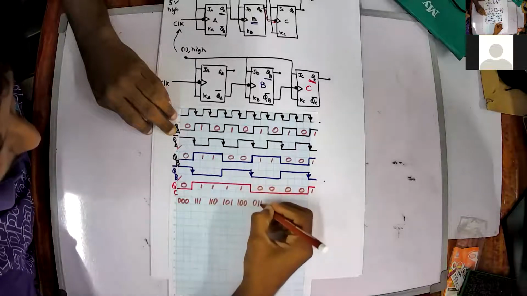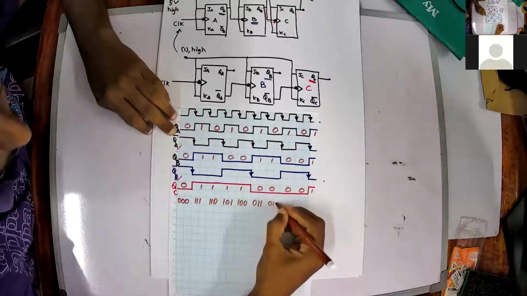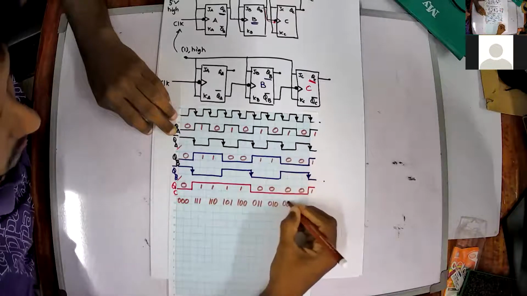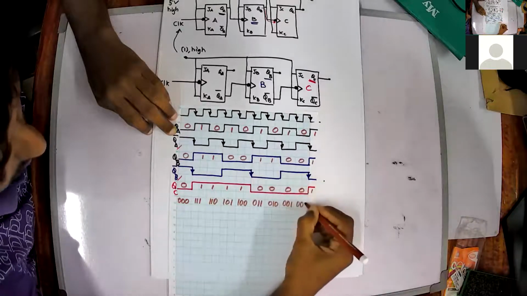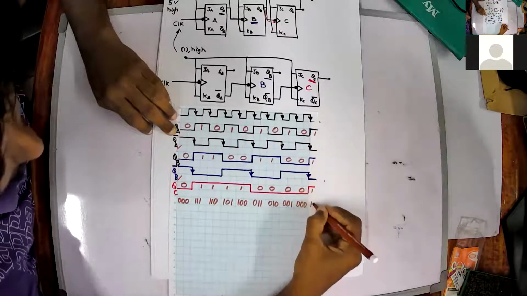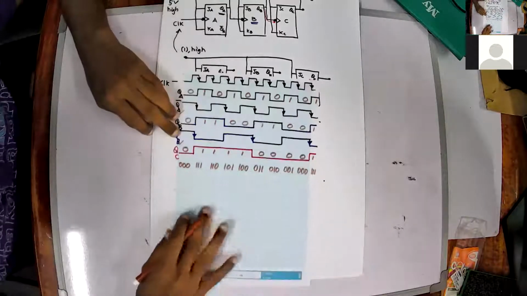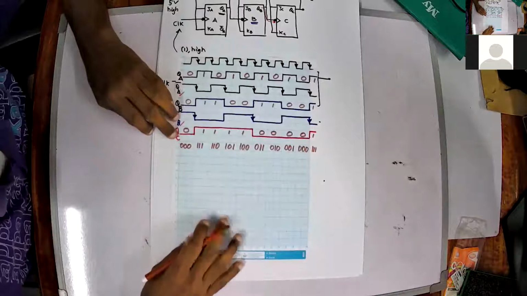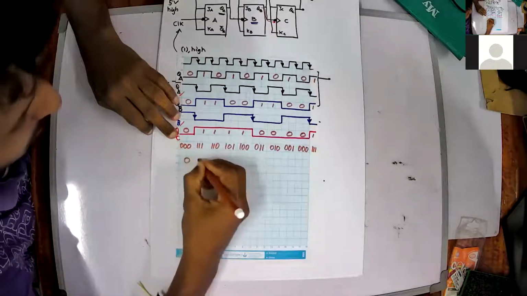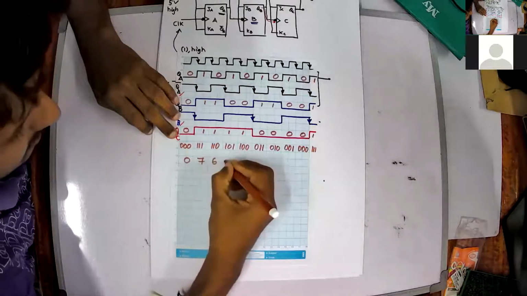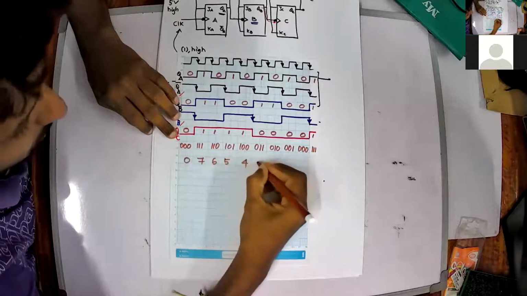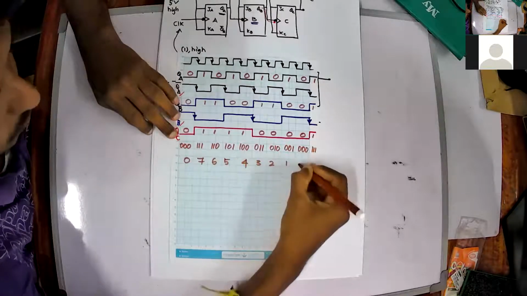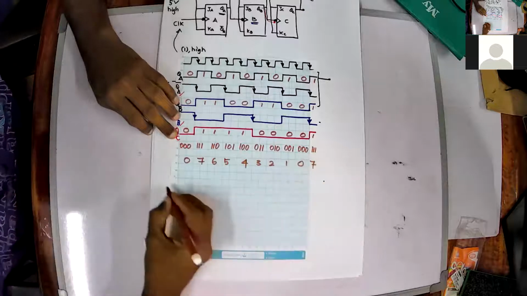Then 0, 1, 1, then 0, 1, 0, then 0, 0, 1, then 0, 0, 0, and then for the next one it becomes 1, 1, 1. If we write down the decimal equivalents, it becomes 0, 7, 6, 5, 4, 3, 2, 1, 0, 7.